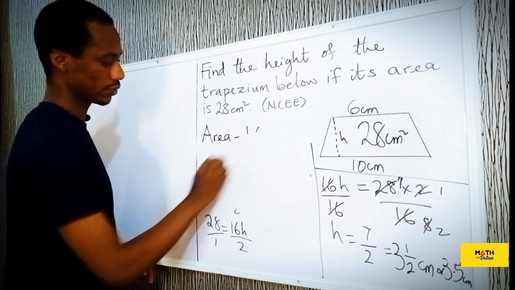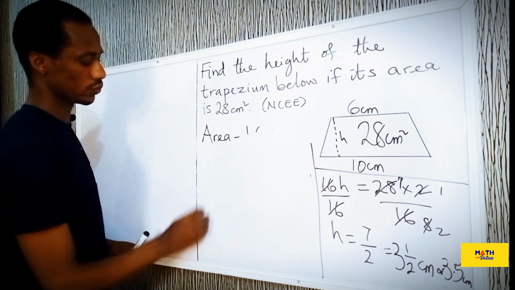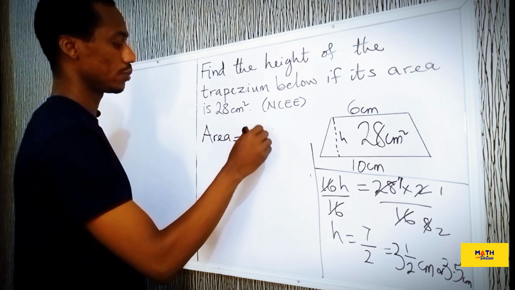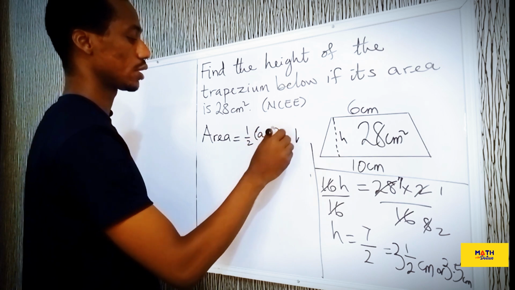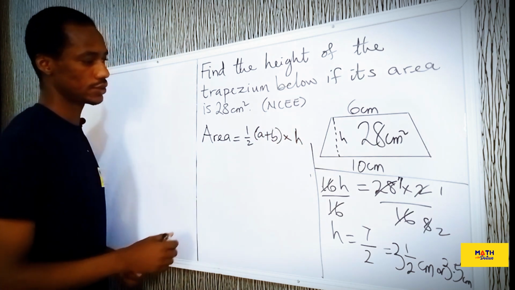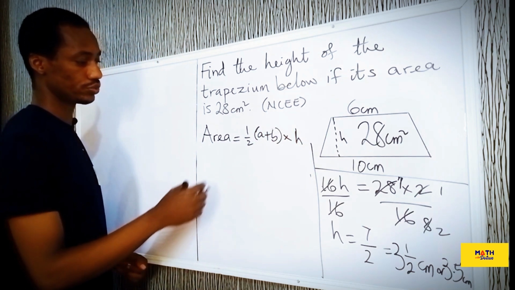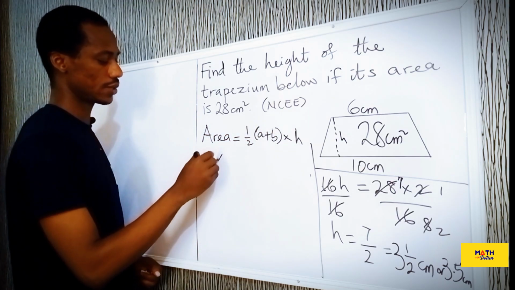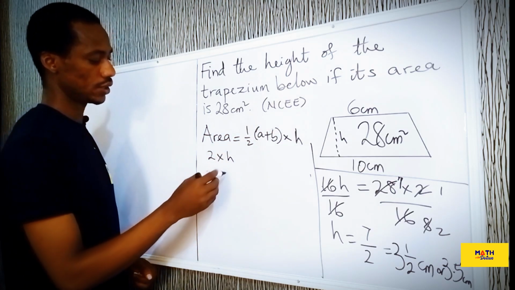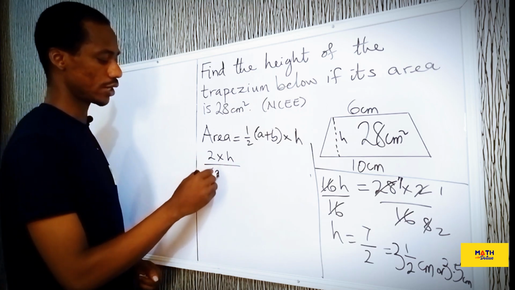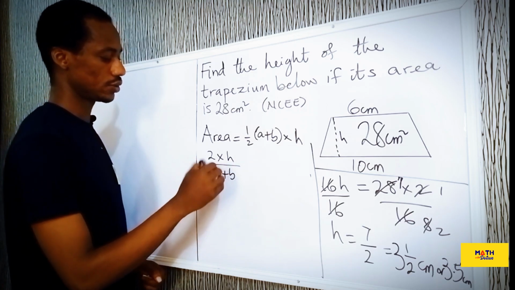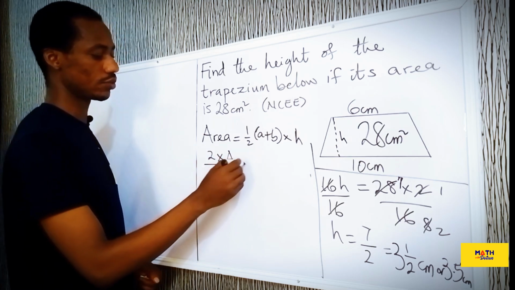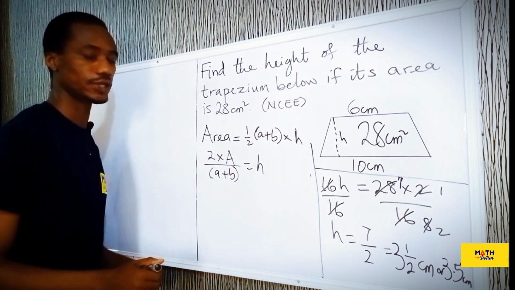So to find the height of a trapezium, you can take it from this formula: a plus b times height. For us to find the height, you have 2 times the area, and then divided by the sum of the parallel sides. 2 times the area divided by the sum of the parallel sides gives you the height.